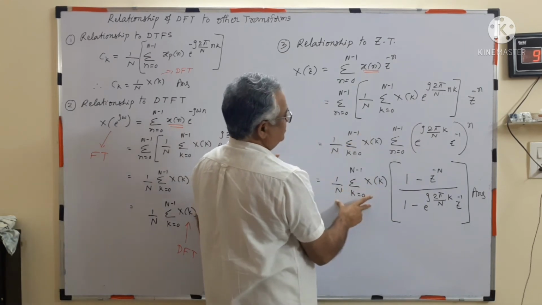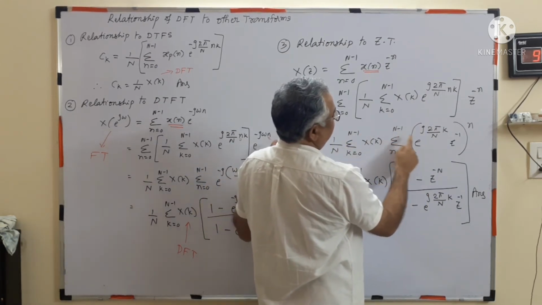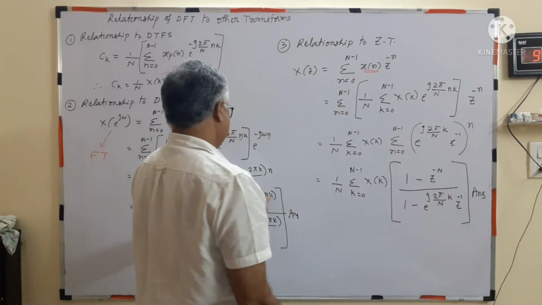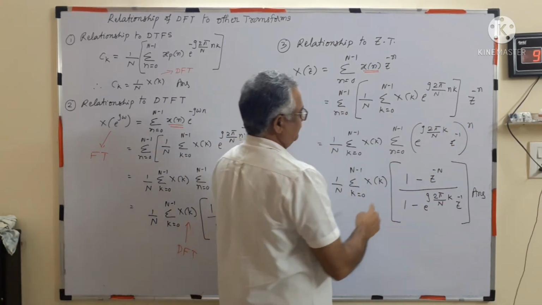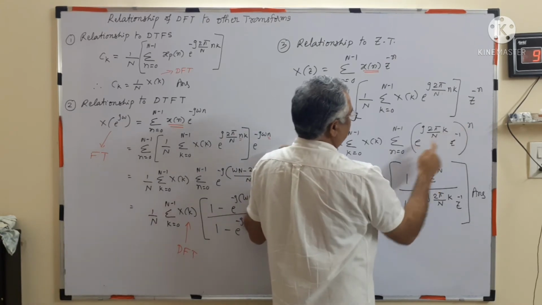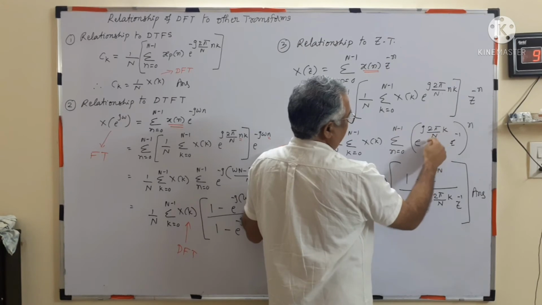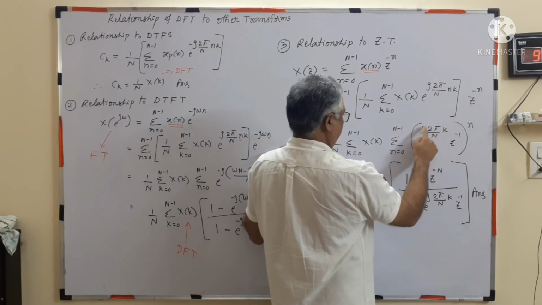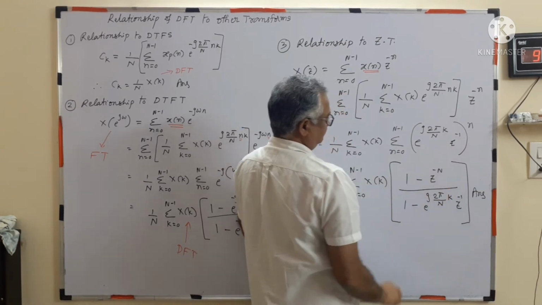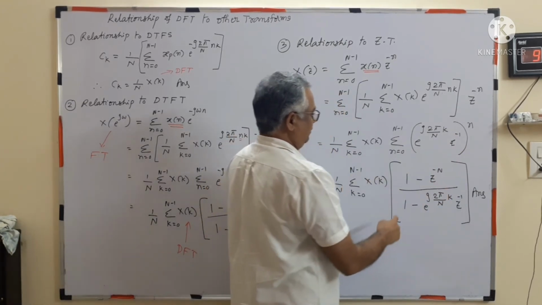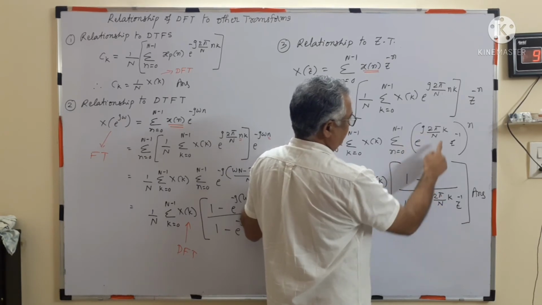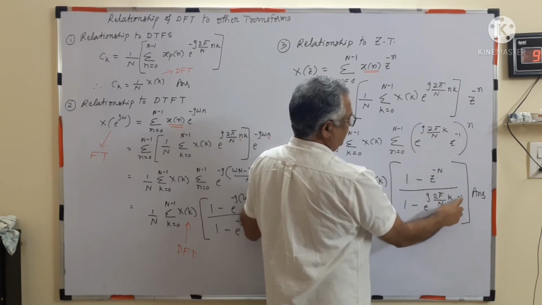Now this as it is, sum from 0 to N minus 1 of this term to the power of n. Similar to the earlier formula, what do you get? 1 minus z power minus N, where in place of k you write N. The e power j 2 pi value is 1, so z power minus N, divided by 1 minus e power j 2 pi by N k, z power minus 1.